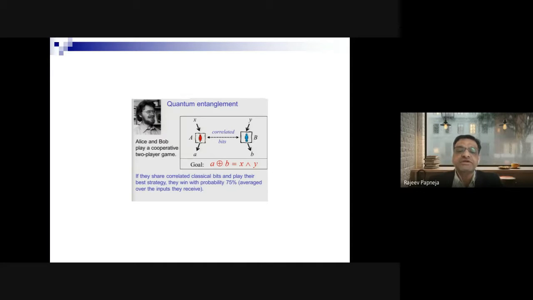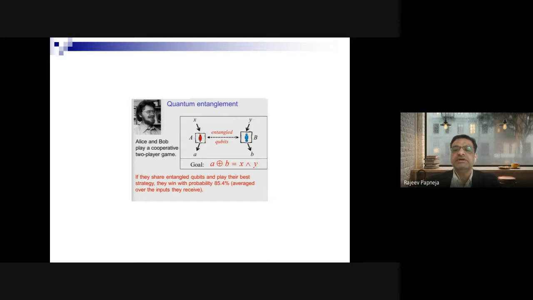If we were to distribute entangled qubits to Alice and Bob before the game started, now it is possible for them to play a better strategy, a quantum strategy, which will enable them to win the game with a higher probability of success, let's say over 85% instead of 75%, which we saw earlier.